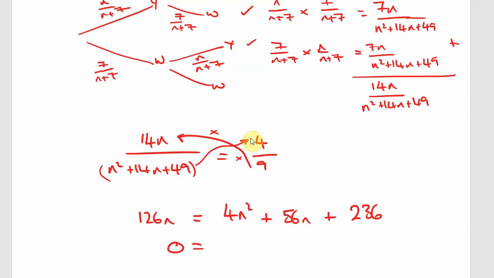I then want to say 0 equals 4n squared, so taking 126n from both sides. This is horrible algebra, but sometimes you just got to do it. And that'll be minus 70n plus 196.